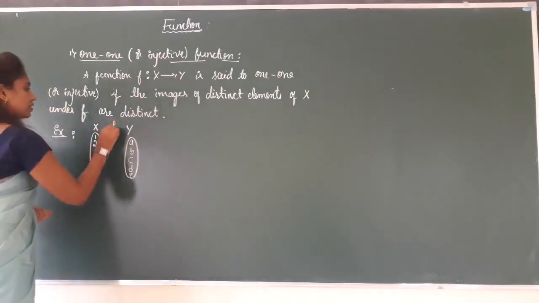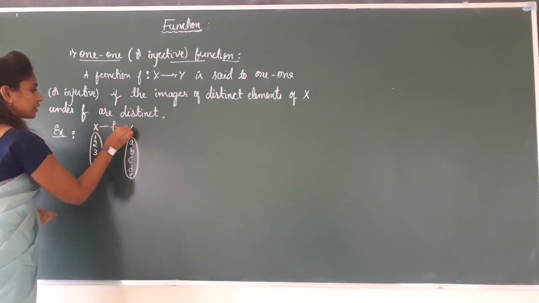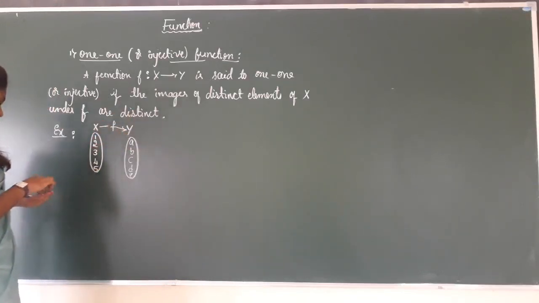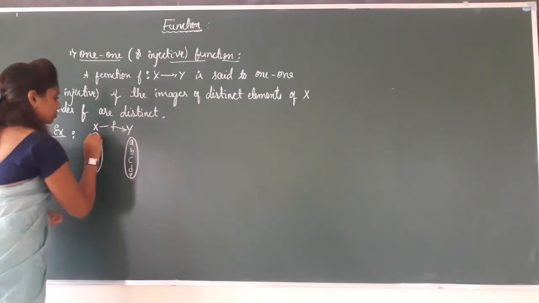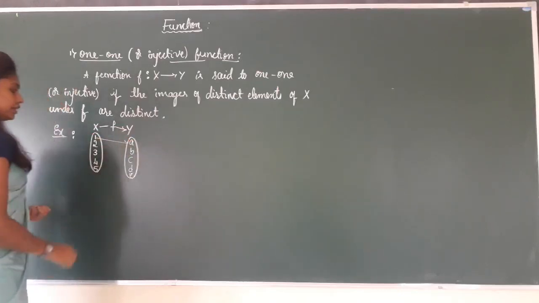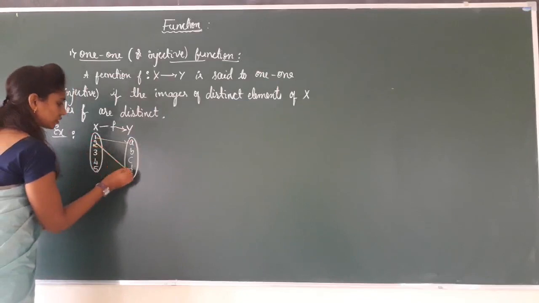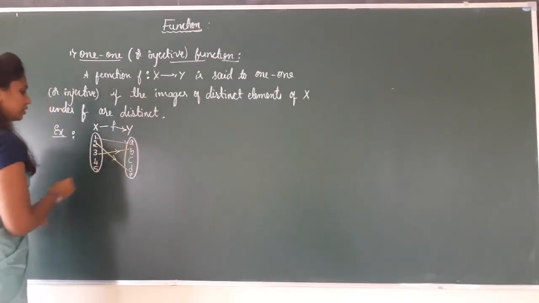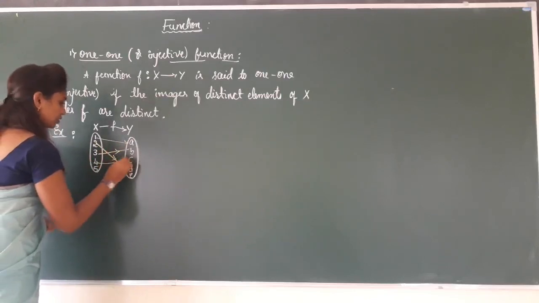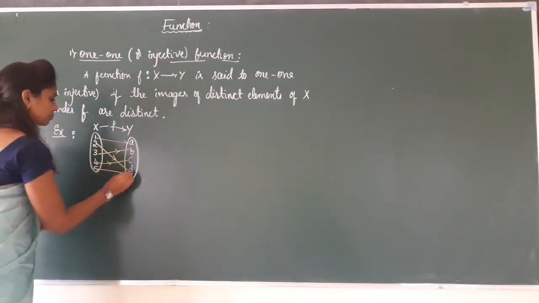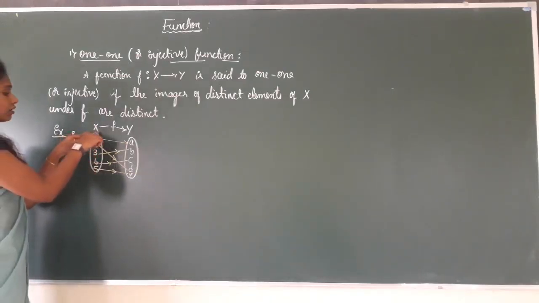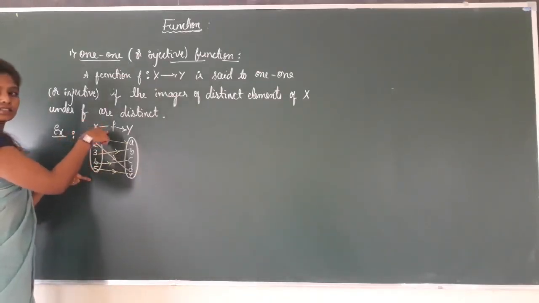The function is mapping from the set x to y like this. 1 is mapping to element A, 2 is mapping to D, 3 is mapping to B, 4 is mapping to C, 5 is mapping to element E. Observe here.